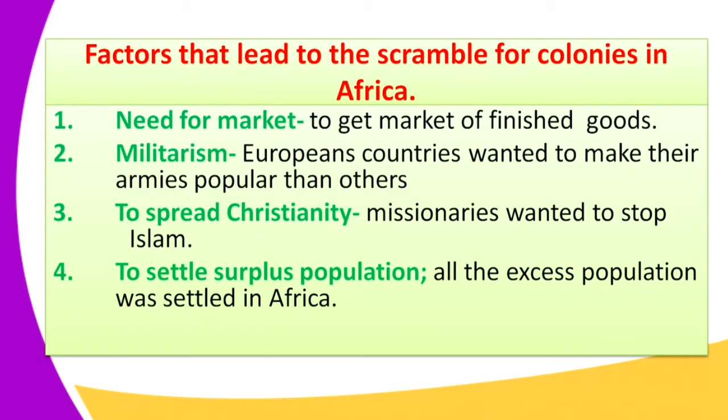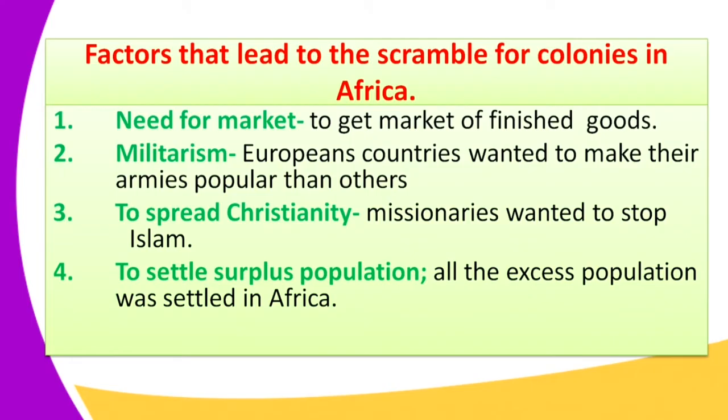Remember, initially through trade, Arabs had come to Africa and converted Africans to Islam, and Islam was spreading at a very high rate. The missionaries came from Europe to spread their religion, since Europeans regarded their culture, that is religion, as more superior than others.